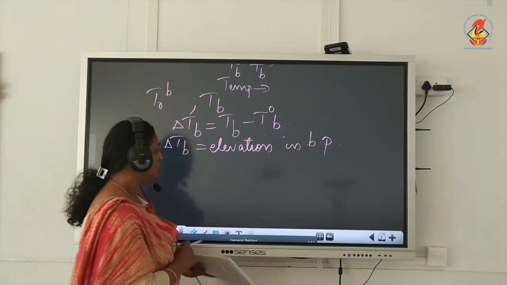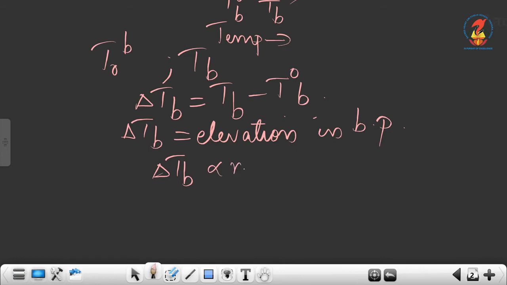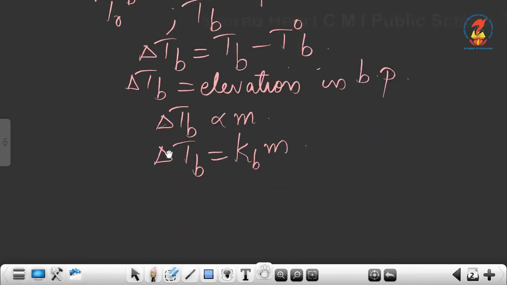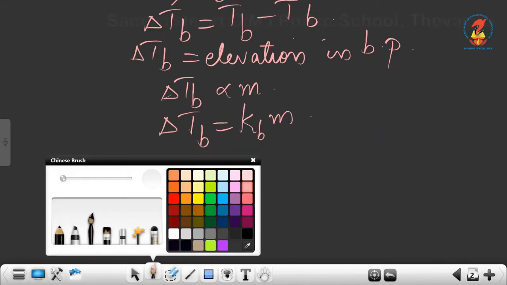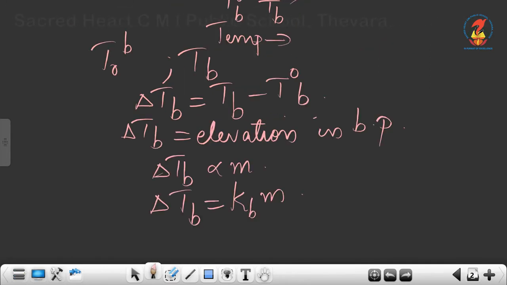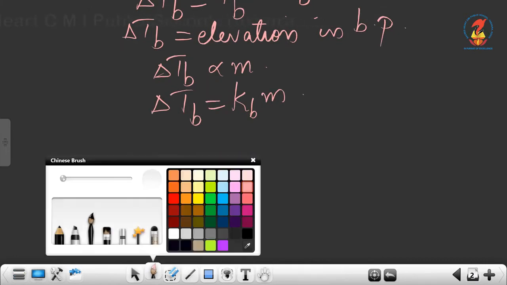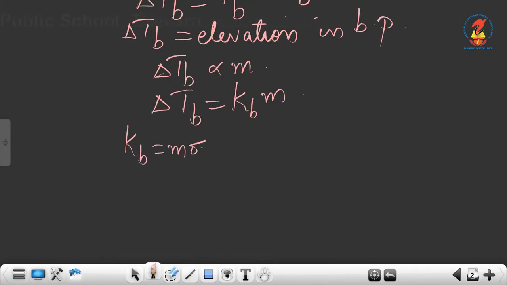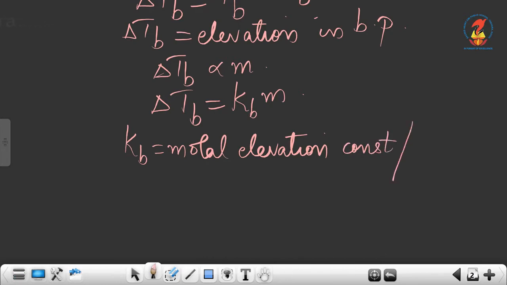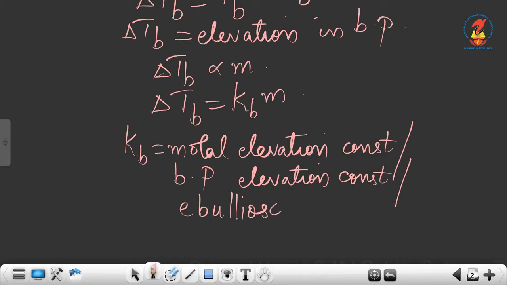So, we can write delta TB proportional to small m, the molality, or delta TB is equal to Kb into small m, where Kb is called the molal elevation constant, or boiling point elevation constant, or ebullioscopic constant.